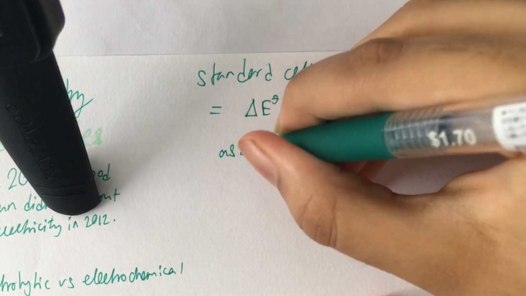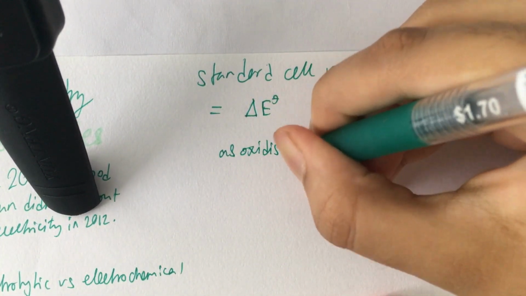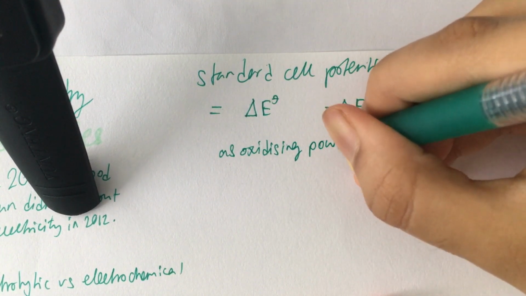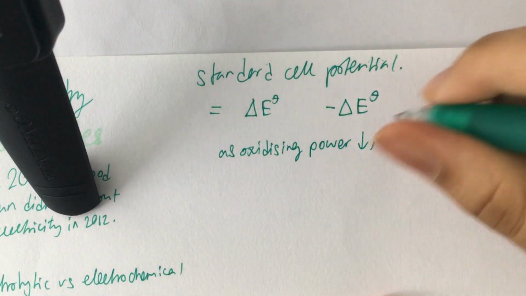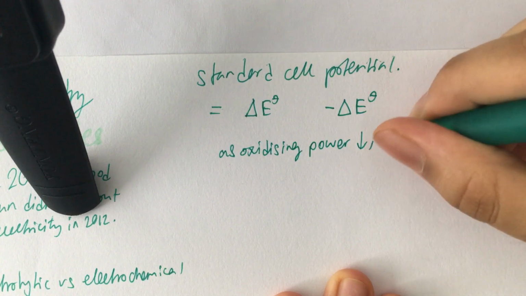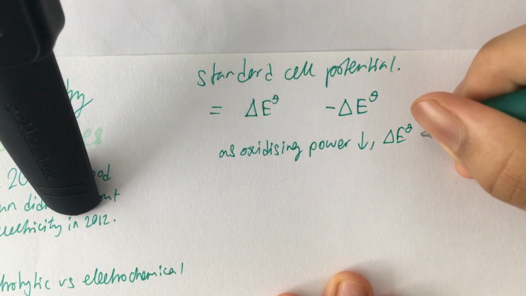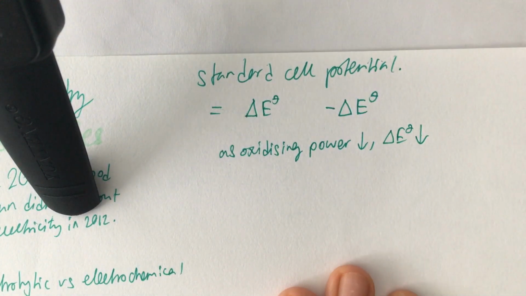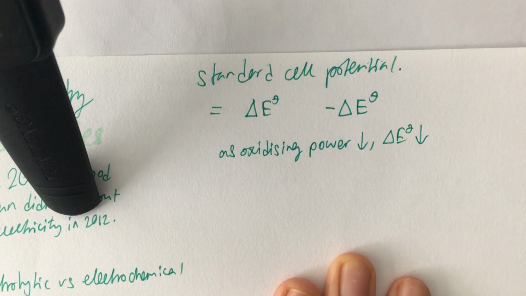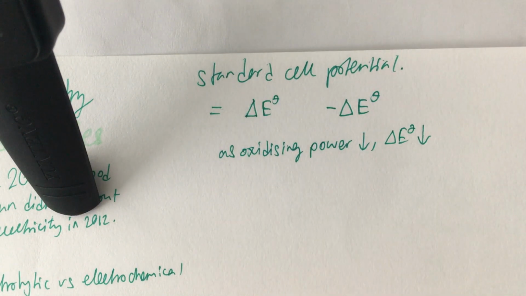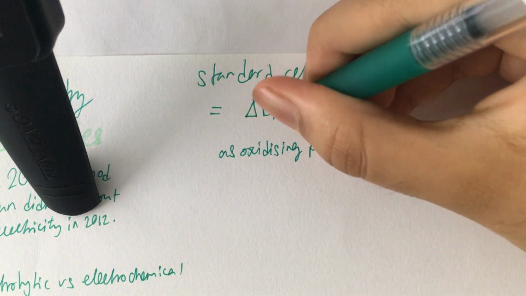So the equation would call for you to have the reducing one minus the oxidation one. That's what you do.